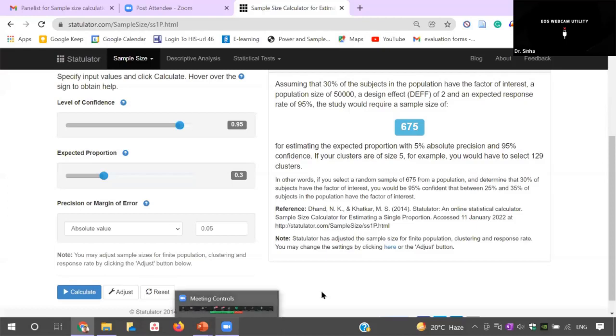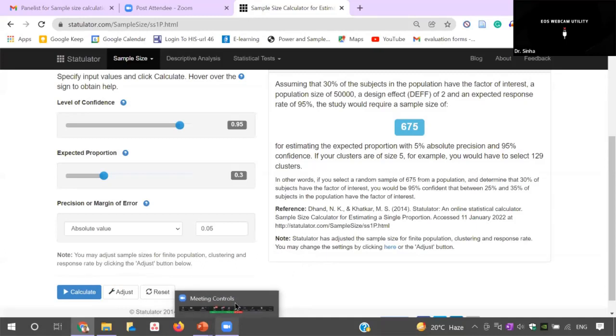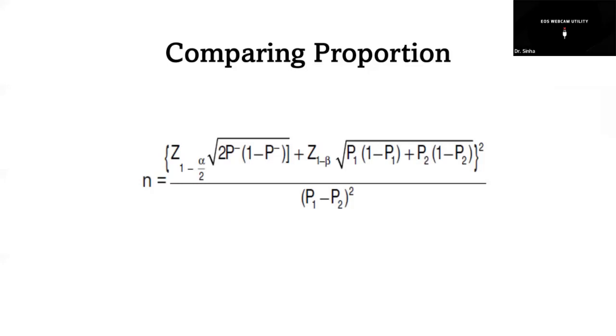So I will start with the two proportion now. Sample size calculation for 2 proportions. Here this is the formula, but we are not going into the detail of the formula.